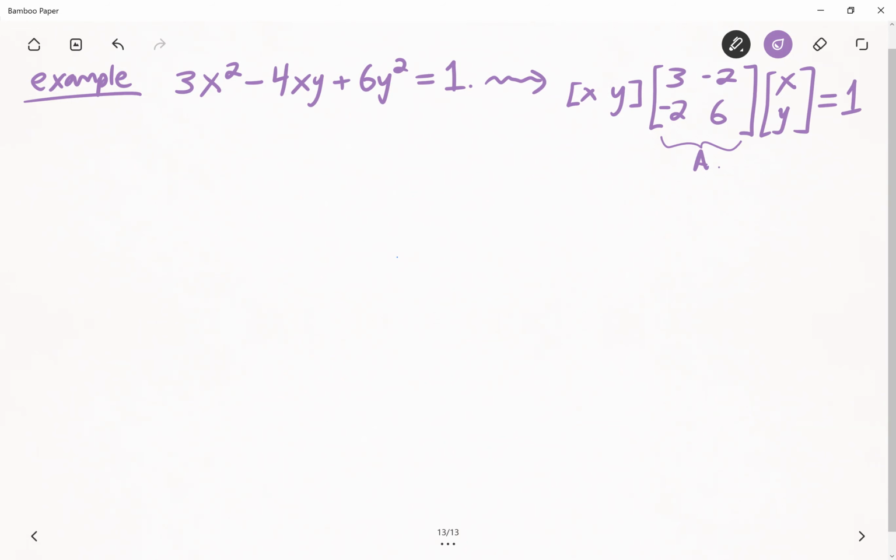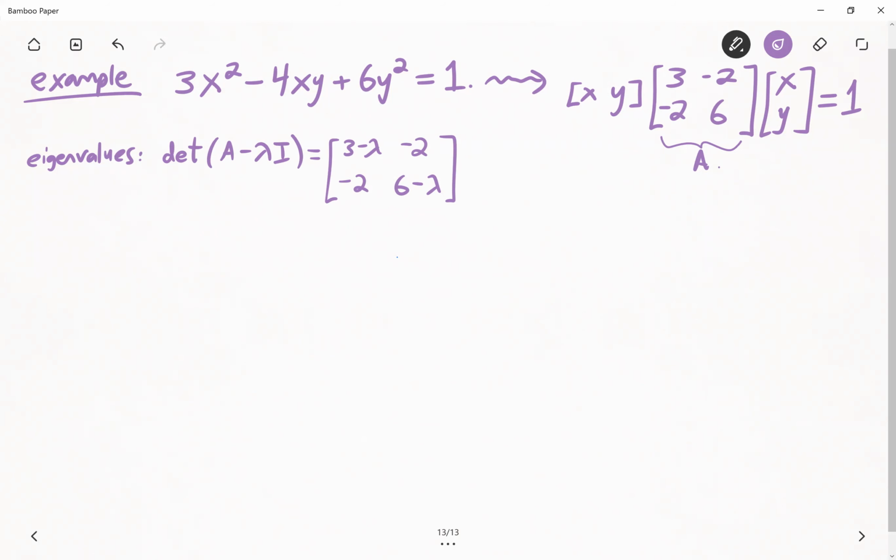So we need to find eigenvectors and eigenvalues. Right, to find the eigenvalues, as always, we're going to do the determinant of A minus lambda times I. And that's going to be 3 minus lambda, -2, -2, and 6 minus lambda. We're doing the determinant of that matrix.